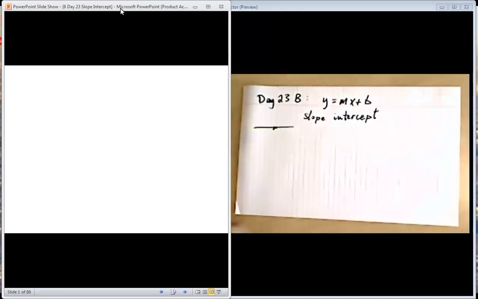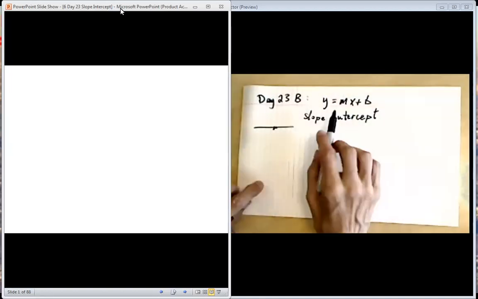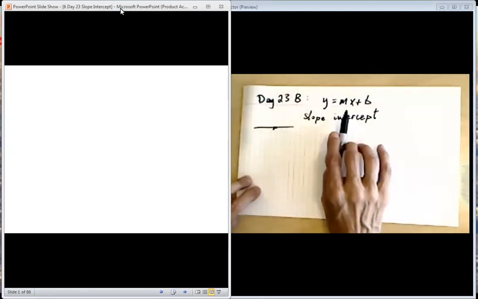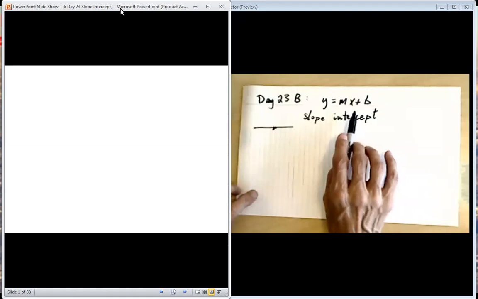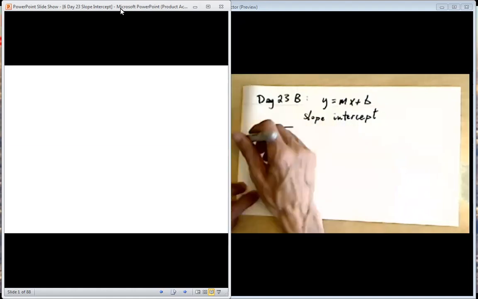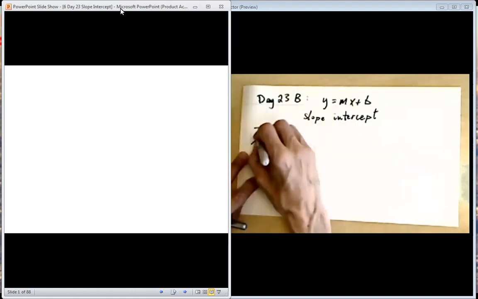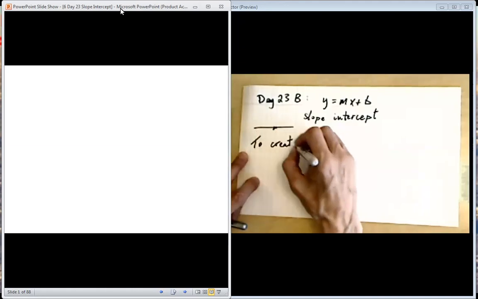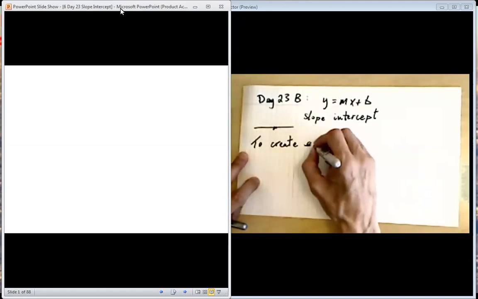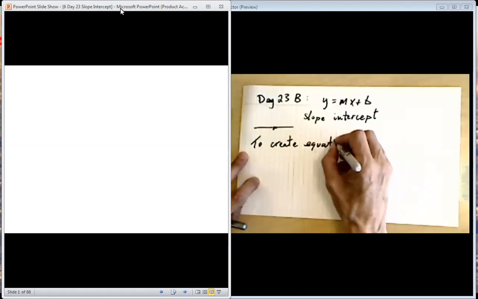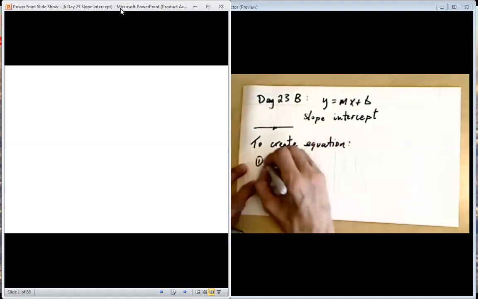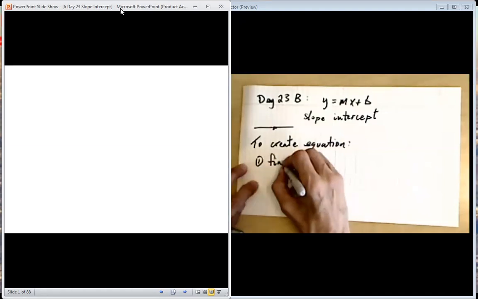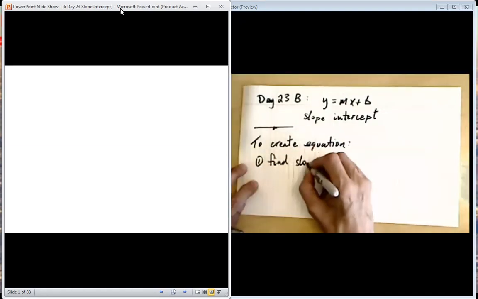just show you, we have an equation that looks like this. This is what we're going for today. y is equal to mx plus b. And our goal then, to create an equation that looks like this, what we got to do is we got to find the slope for m.